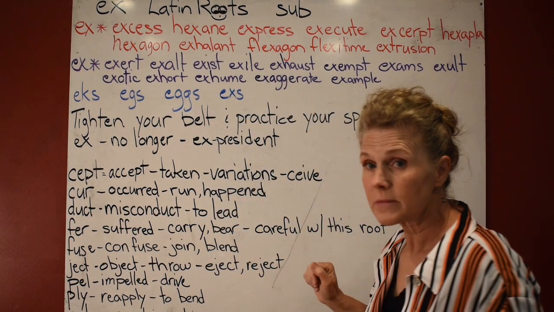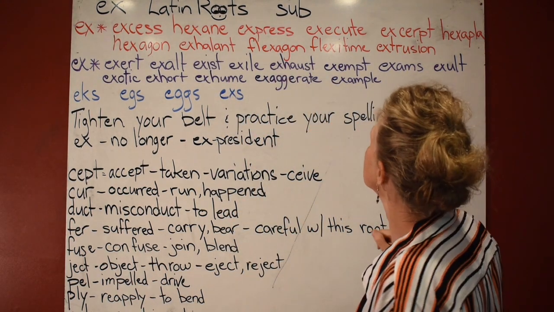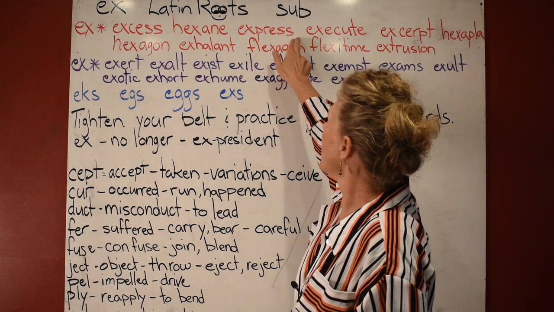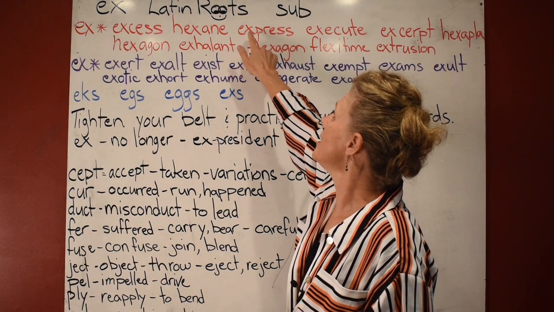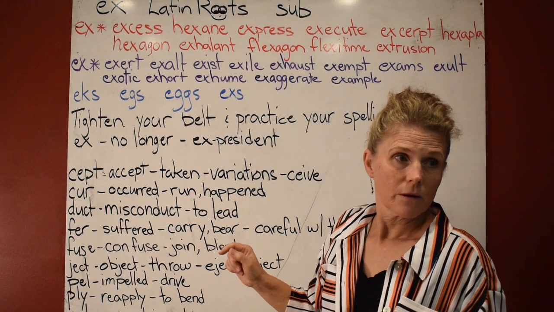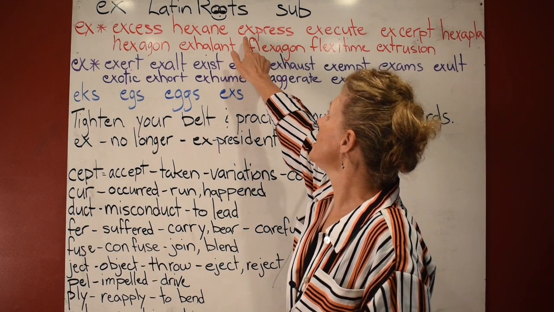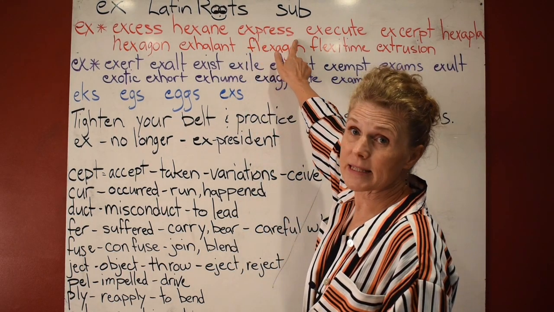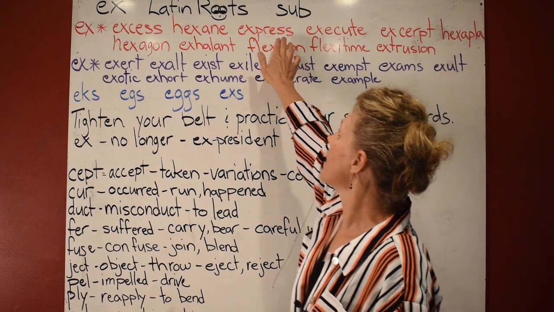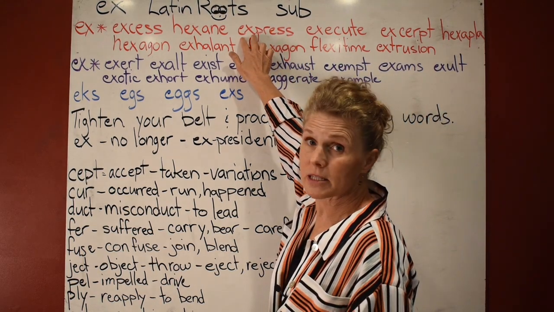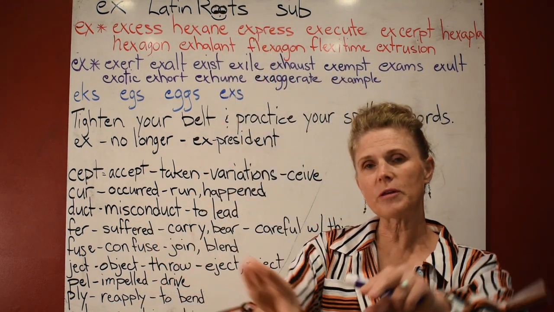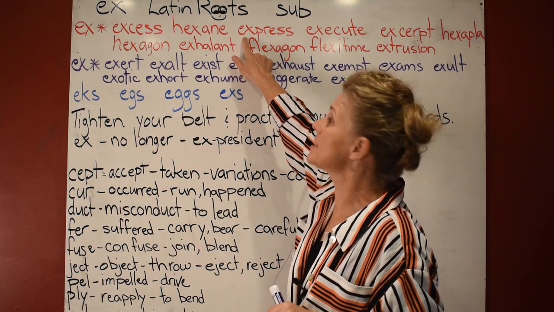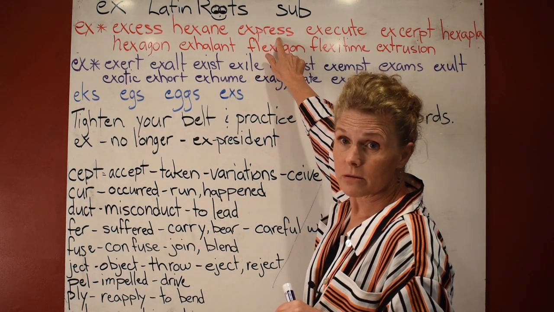Okay? All right. Express. See? E-X-P. We do not do E-X-S-P-R-E-S-S. You need to know how to spell press, and you need to know how to spell X. And you just put them together. This is a Latin prefix. This is a Latin root.